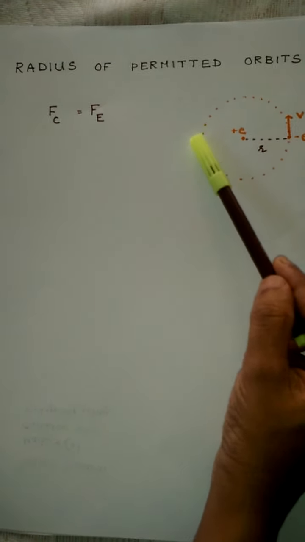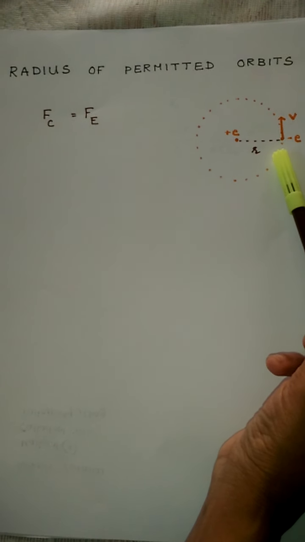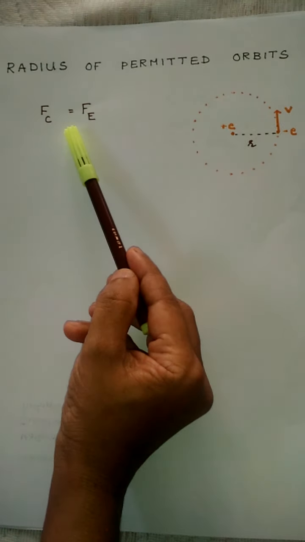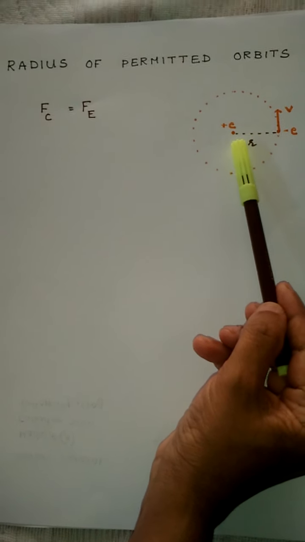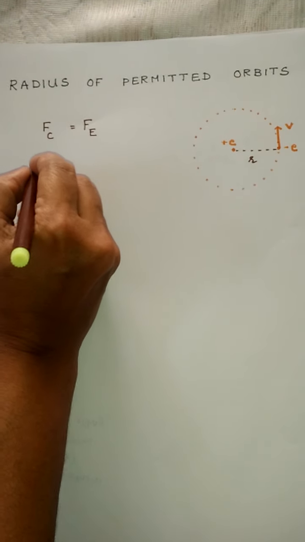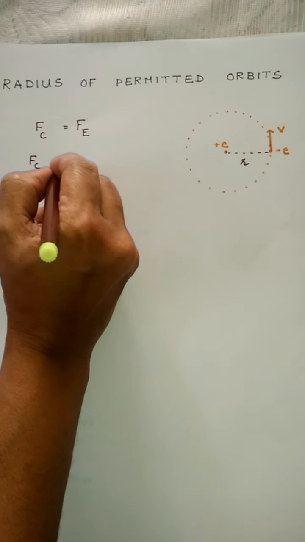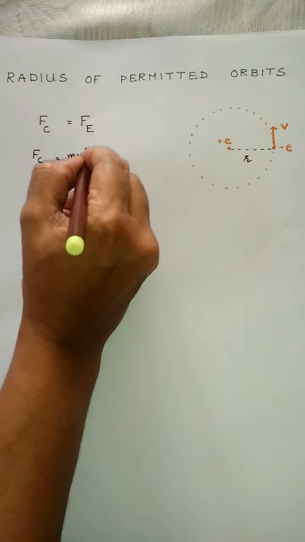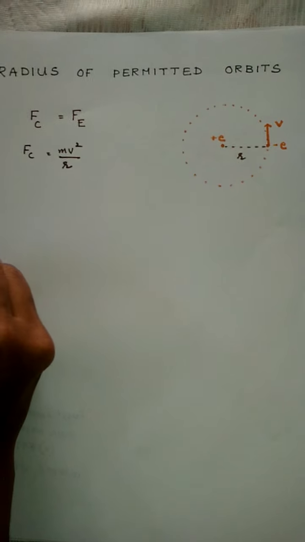As the electron moves around the nucleus, the centripetal force is provided by the electrostatic force of attraction between the nucleus and the electron. So centripetal force Fc is equal to mv square by r.